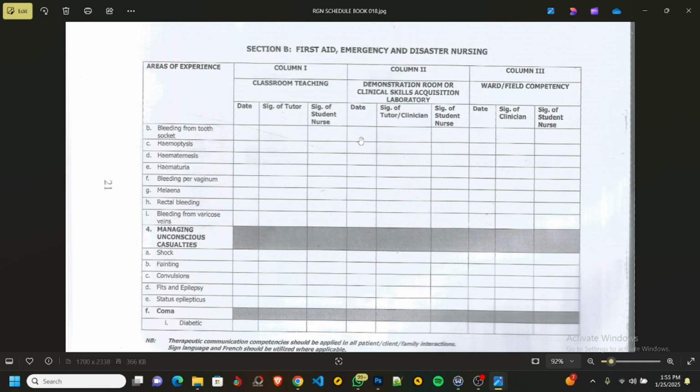Then you make sure that the patient bites on that padding. So you put something to pad the socket, then you bite and apply pressure so that it will be able to stop the bleeding. So if that is what you were taught in the demonstration room, then you sign. But when it comes to the ward, is that actually the one that is done? So if it is done like that, did you do it yourself?